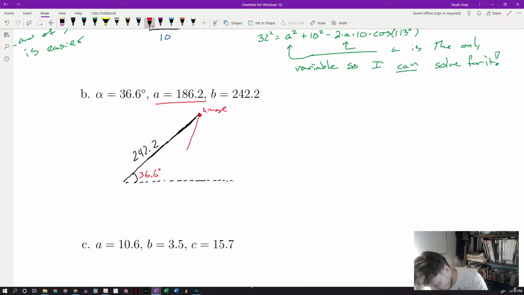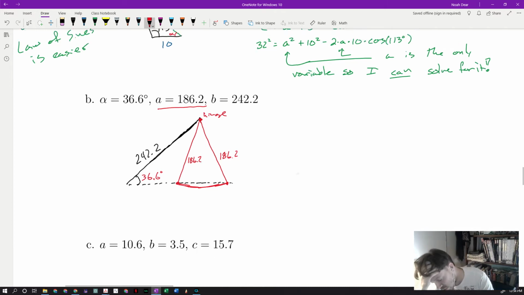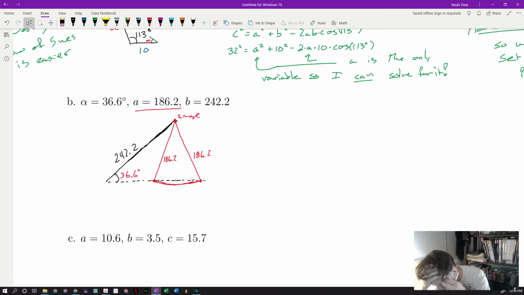Then it looks like we would get two different possibilities here, 186.2 here or here. If we were drawing a circle of radius 186.2, it would sweep out and hit that bottom line in two locations. Now, this looks like it's definitely going to be a law of sines situation anytime we can get some sort of ambiguous case. Let's try them both, though, and see what happens.